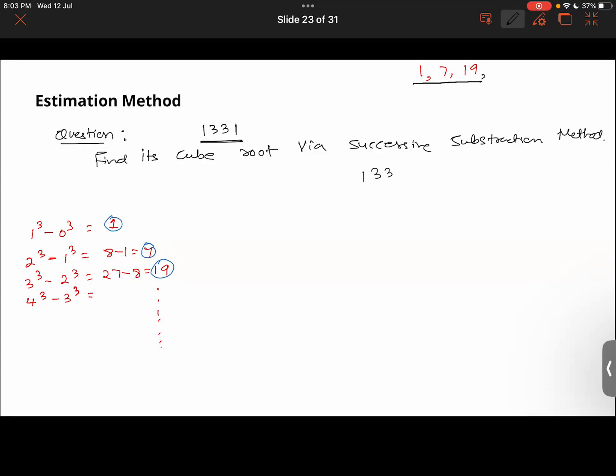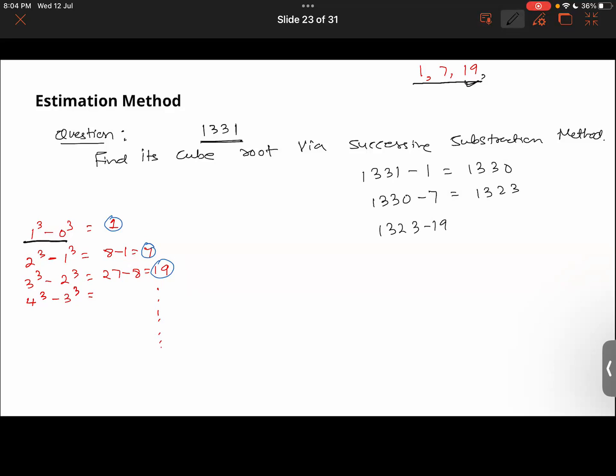Like first you will subtract 1 from it. Then you will get 1330. Then you will subtract 7 from 1330. Then you will get 1323. Then you will be subtracting 19. Remember, we are using these numbers. I told you numbers up to 61 only, but since it's a bigger number, you will need more numbers. So how do we find out those numbers?